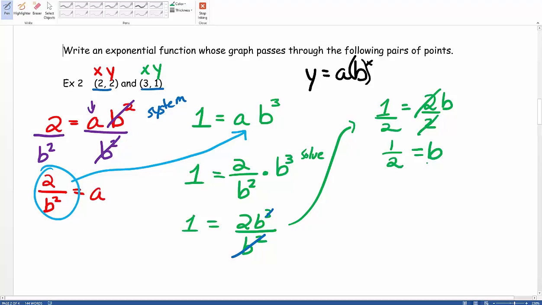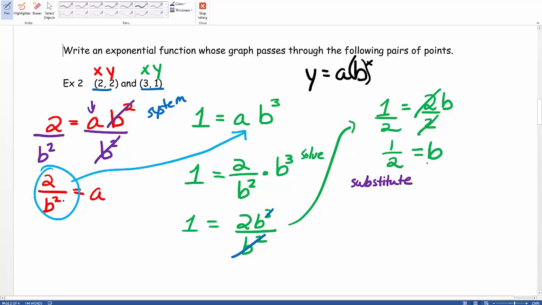Now to solve for a, we pretty much just substitute that value in. We're going to substitute in our 1/2. Now you can do it into the original green one, you can do it in the original red one. Believe it or not, you could actually even do it into this red one, because really this is a simplified version of our red one, this 2 divided by b squared.